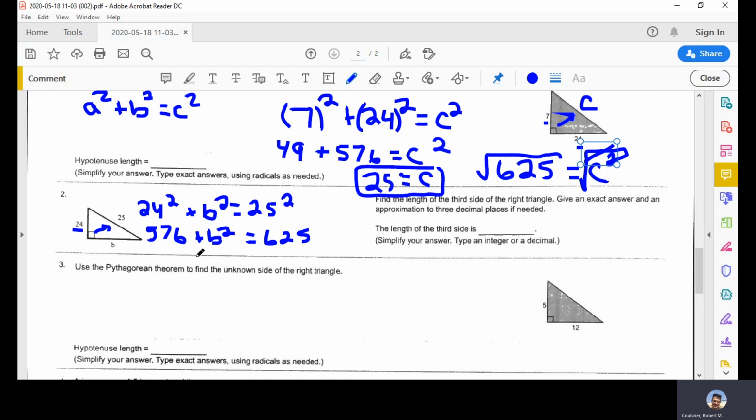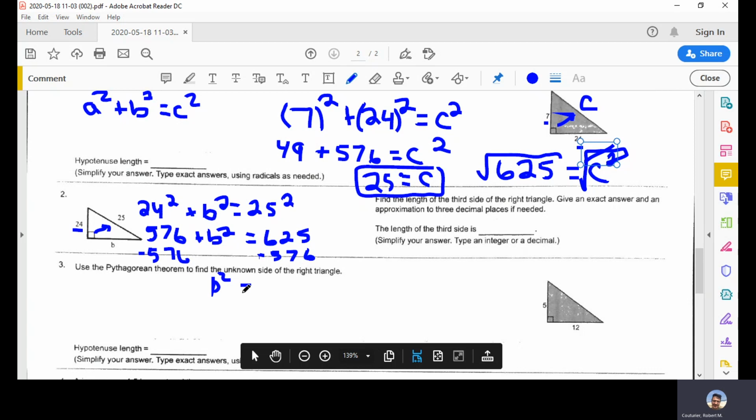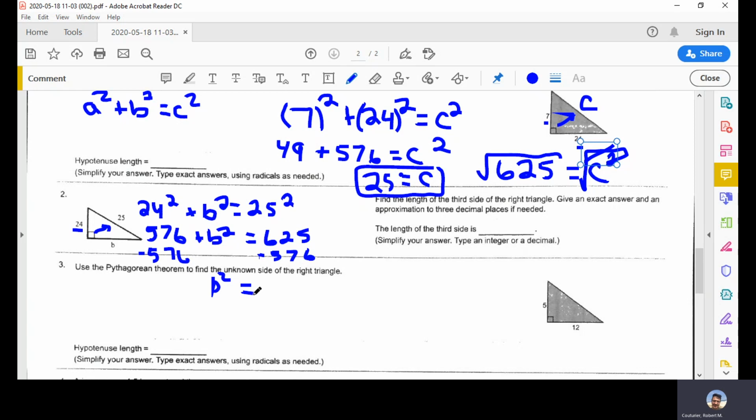Now, if you look at this, we're trying to solve for b, so we have multiple steps we have to do. We have to subtract 576 from both sides. And now we're going to have b squared equals 625 minus 576, 49.